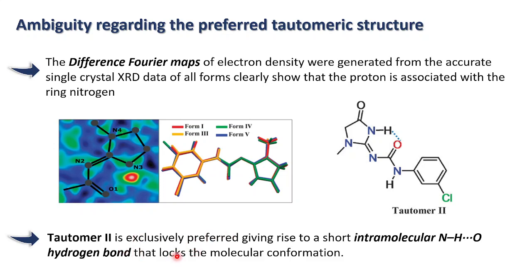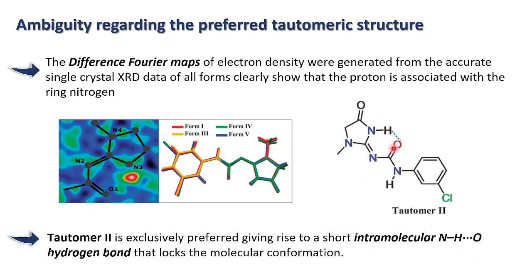Okay, in tautomers, I have already mentioned that there are two types of interactions. The first tautomer has an NHN interaction, and the second has an NHO interaction. We are dealing with tautomer 2. Tautomer 2 is exclusively preferred, giving rise to a short intramolecular NHO hydrogen bond that locks the molecular conformation.